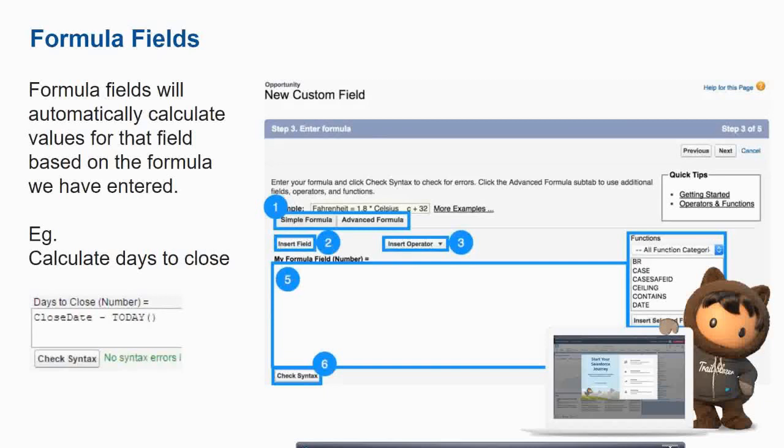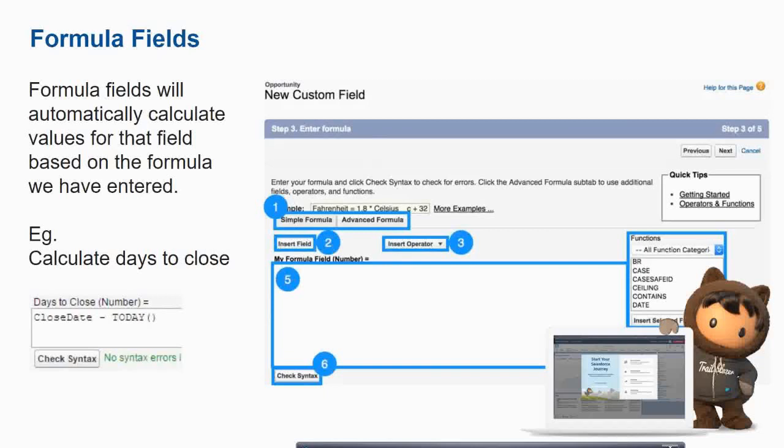Let's say the user has a limit of five books he can lend, and the user has already lent two books. There can be a formula field which can calculate that three books are remaining that the user can lend.